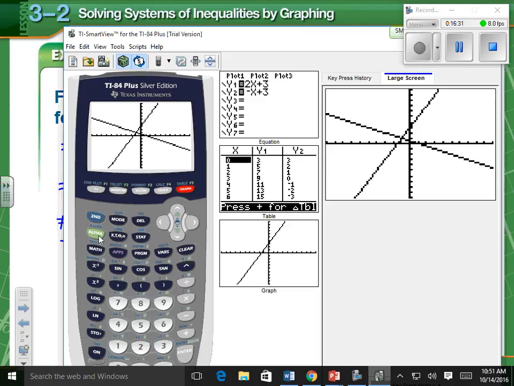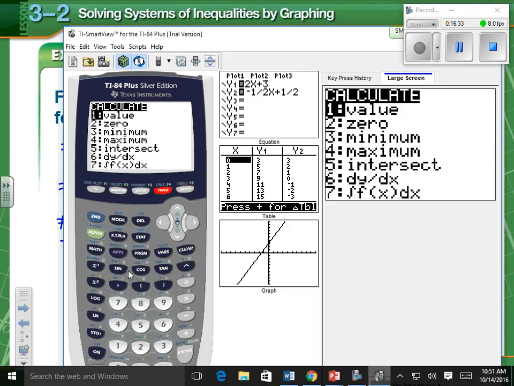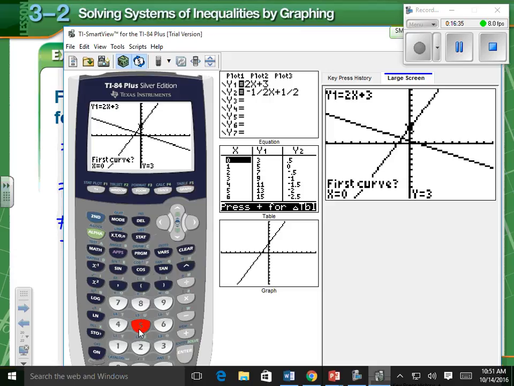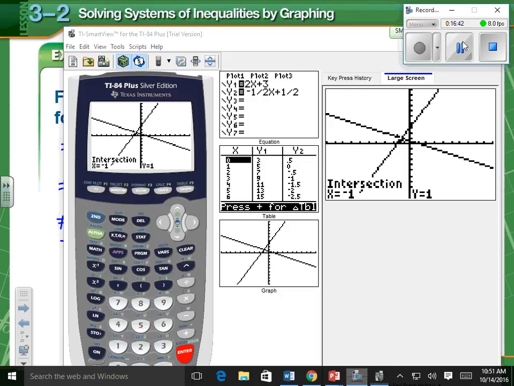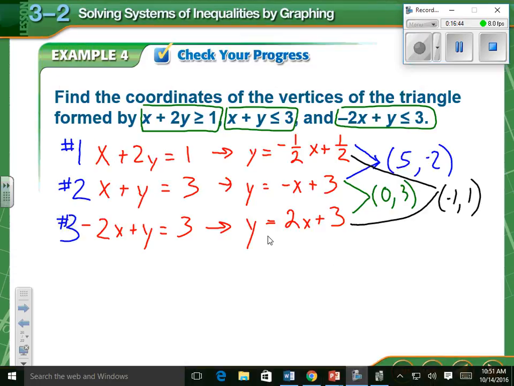Their intersection would be negative 1, 1.